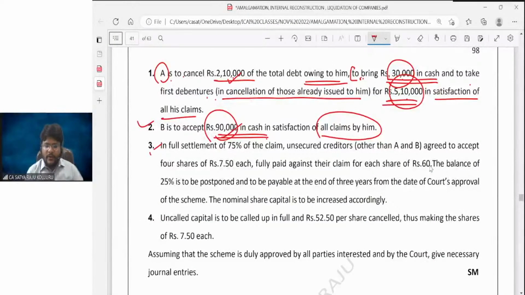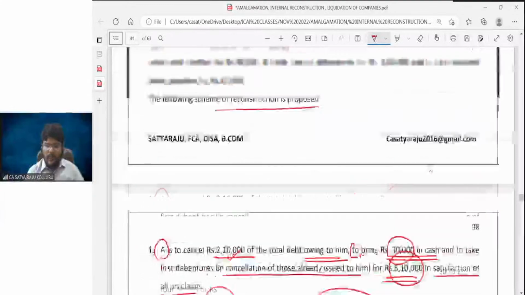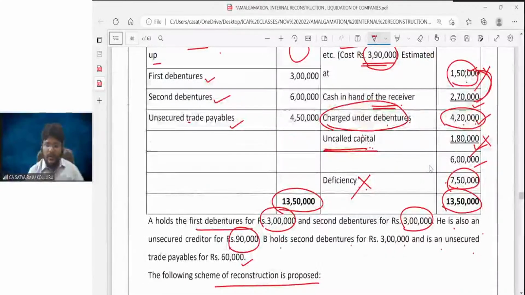In full settlement of 75% of the claim, unsecured creditors other than A and B. Unsecured creditors means only the unsecured trade payables, other than A and B. How much? Let us check.